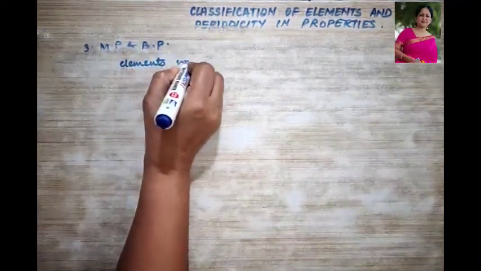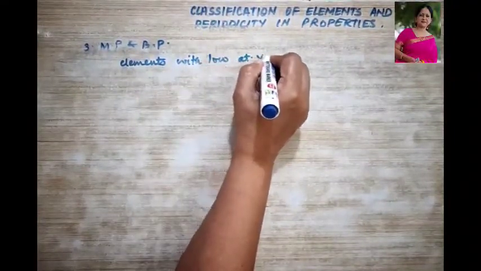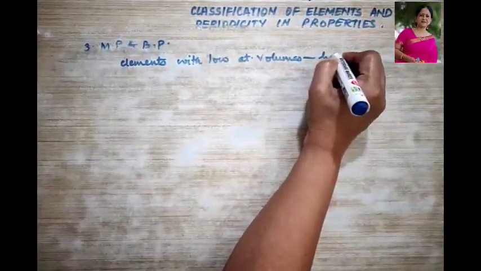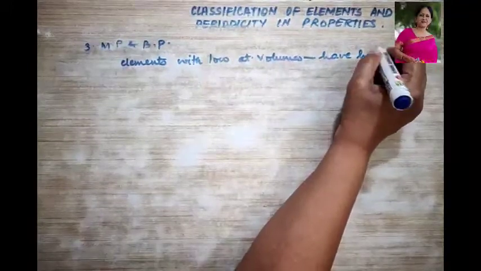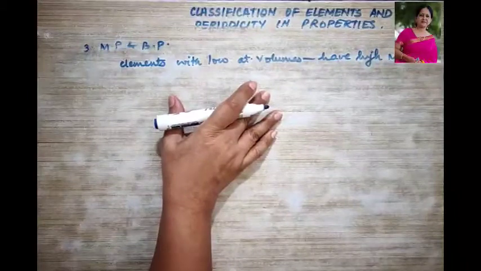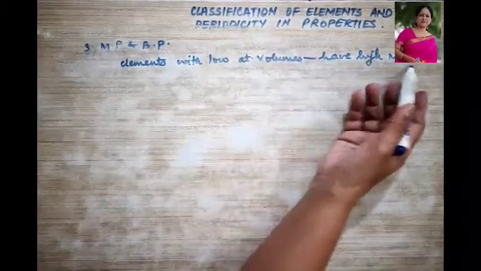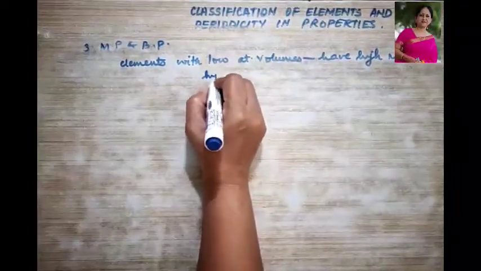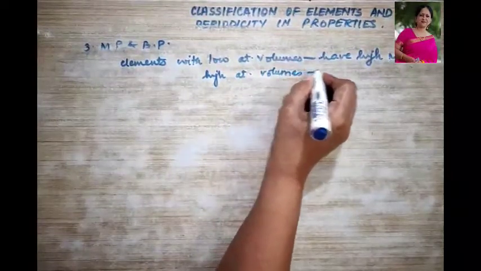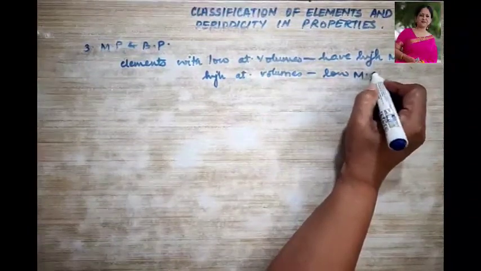elements with low atomic volume have high melting point. Okay, while elements with higher values of atomic volumes have low melting point.